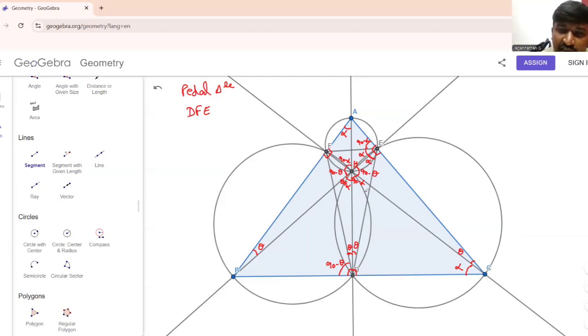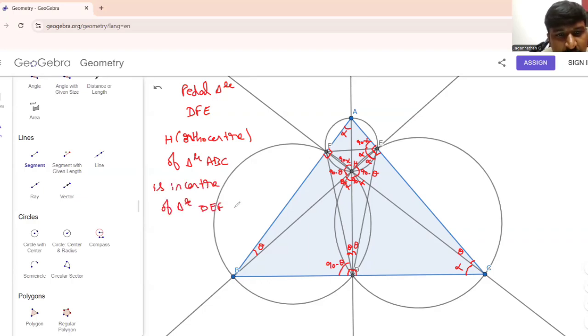We have learned in triangles, the intersection point of any two angle bisectors is called the incenter. So from this we understood that H, which is the orthocenter of triangle ABC, has become the incenter of triangle DEF, which is your pedal triangle.